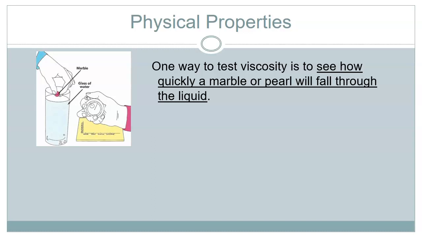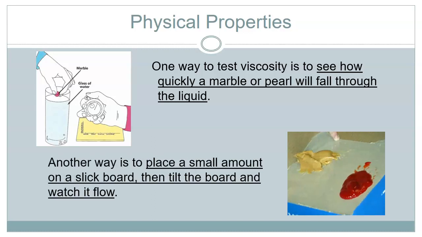Drop it into the substance and then time it to see how quickly it falls to the bottom of that substance. You could also, and we did this a little bit in 6th grade, put a small amount of the substance on a slick board. Then you tilt that board and time how long it takes that substance to flow to the bottom of the board. So you could test the viscosity of different substances.